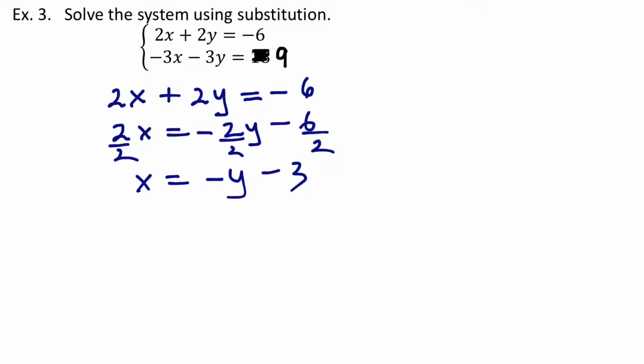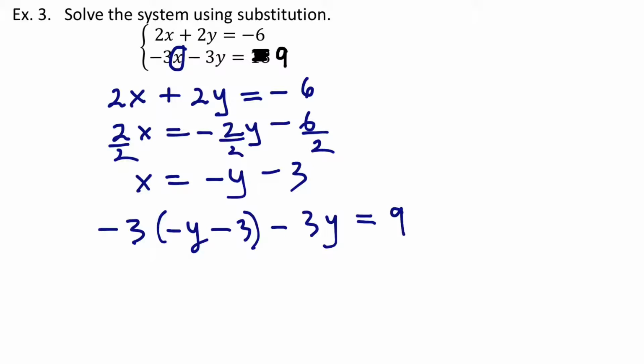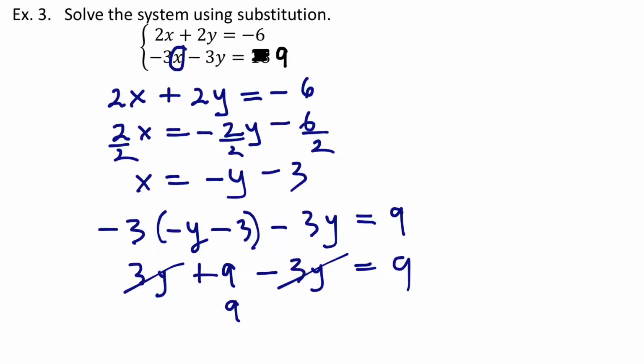All right, now using the other equation, I'm going to replace x, which is right here, with negative y minus 3. So I'll have negative 3 times (negative y minus 3) minus 3y equals 9. So that's 3y plus 9 minus 3y equals 9. Well, these two are going to cancel out. So we have 9 equals 9.